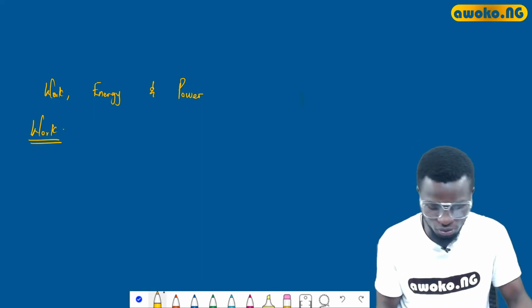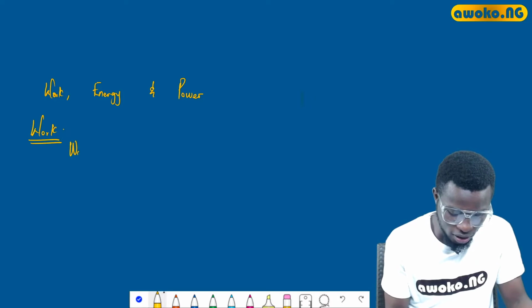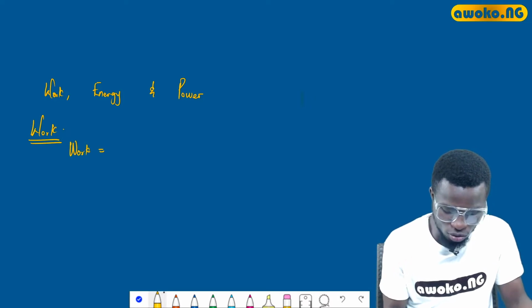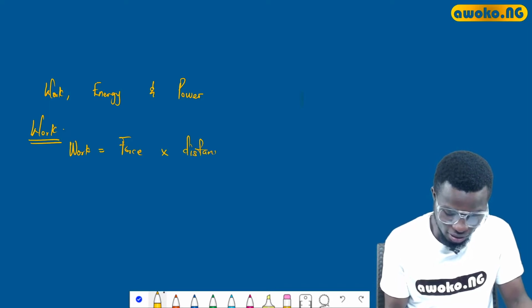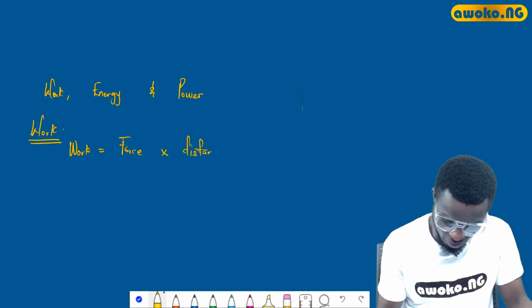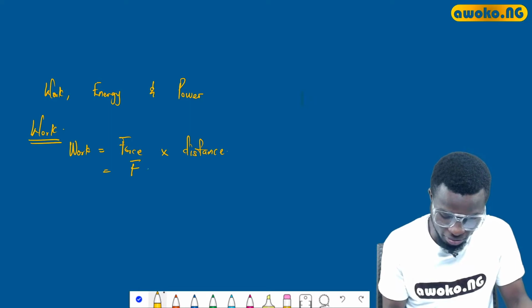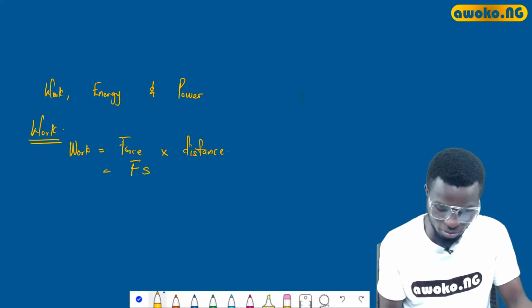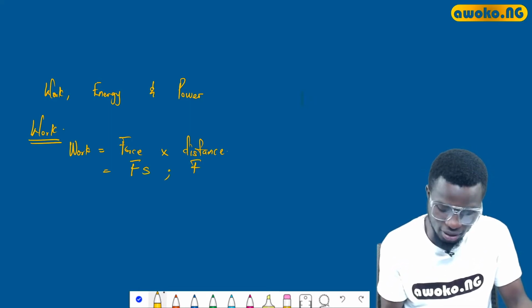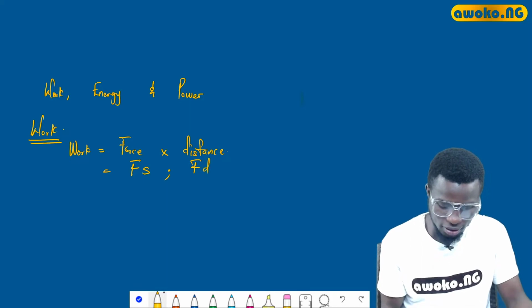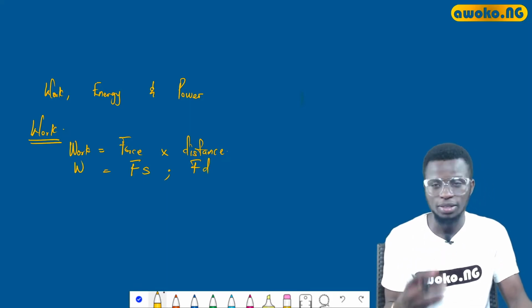So mathematically, we can say that work is equal to the product of force and distance. So we have this to be F times S, or F times D. Some texts write it as F times D. They are still the same thing.